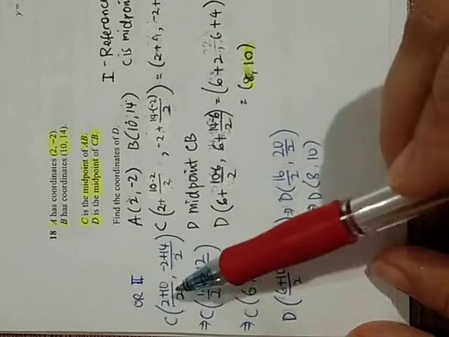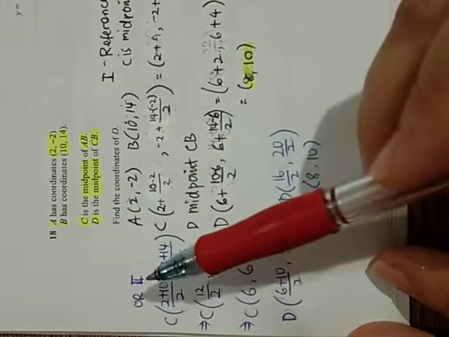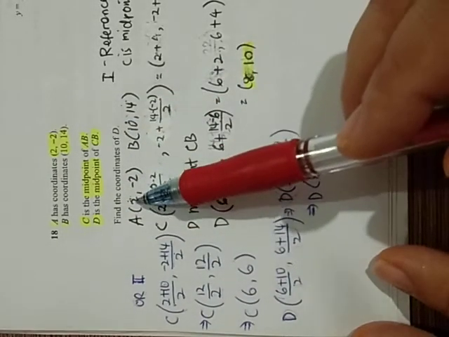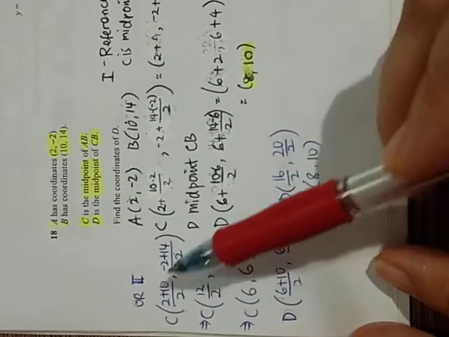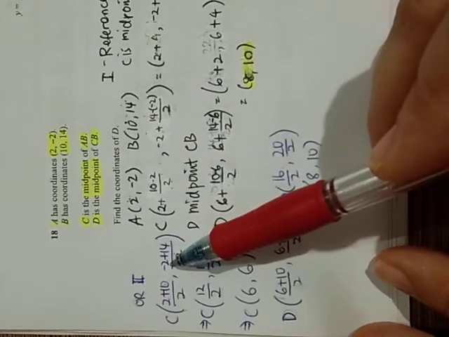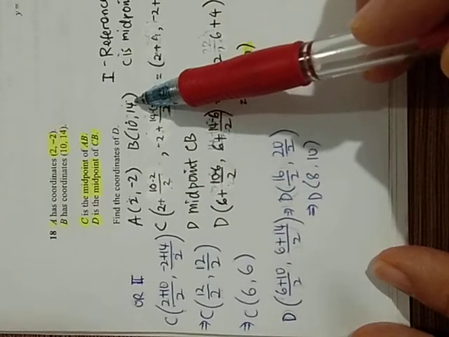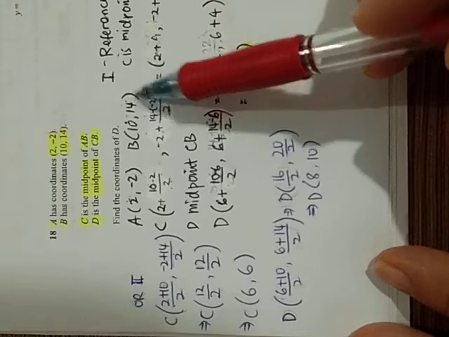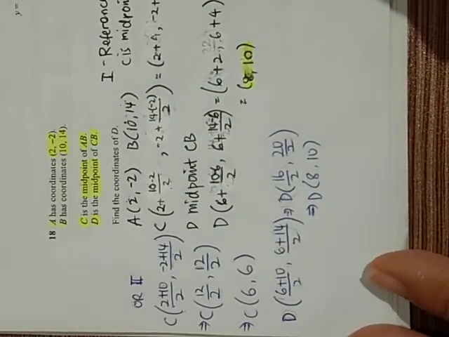The x coordinates of the 2 points, you add them together, for example 2 plus 10, then divide by 2. That gives us 6. And the y coordinates also, negative 2 plus 14, which leads us to 12, divide by 2, 6. So the same as the other method just now.